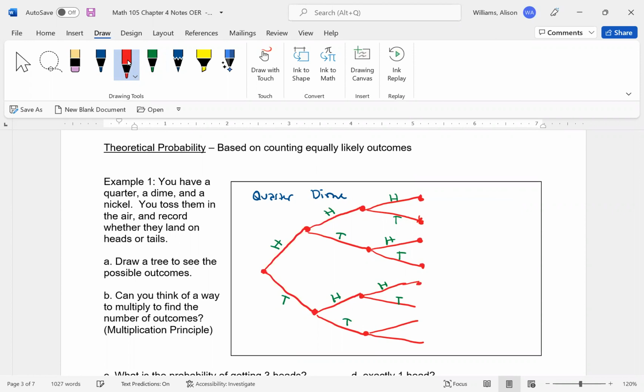And I'm going to put a dot to indicate the end point for all of those. Heads or tails here. Okay, and that was nickels. Here, I'll put it above since I ran out of space.